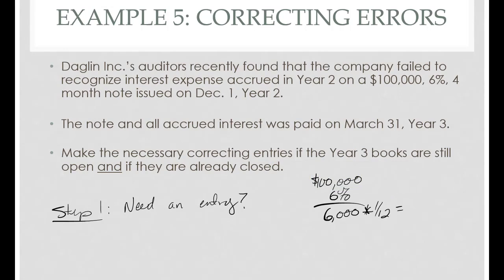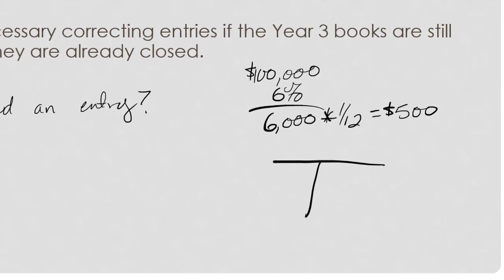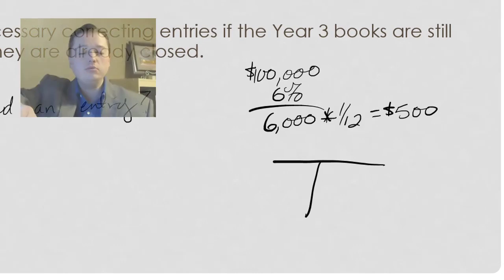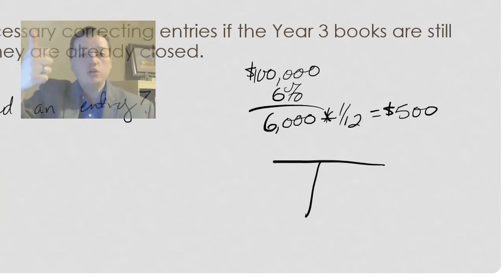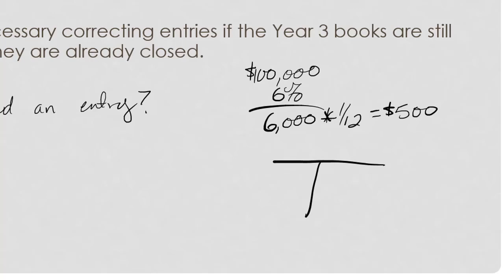So I should have recorded $500 worth of interest in year 2. I didn't. I missed it. So if I don't record an interest expense, then interest expense goes down, so net income goes up. So retained earnings goes up as part of those closing entries, or at least it doesn't go down as far, however you want to say it. So at the end of year 2, retained earnings is too high by $500.